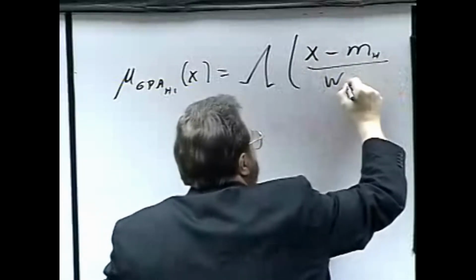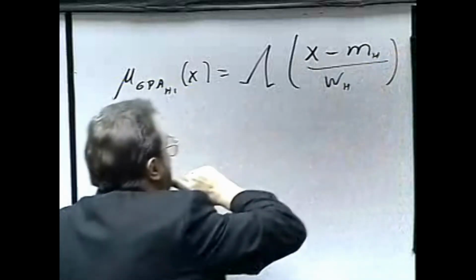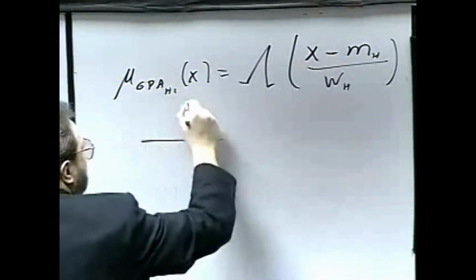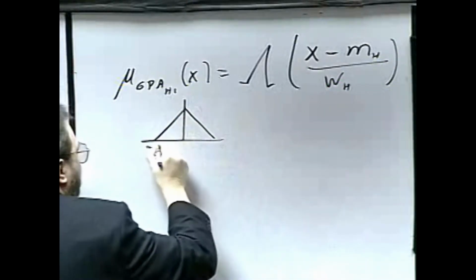We can write mu of GPA high as a function of x as equal to what I'll refer to as a triangle function of x minus its median for high divided by its width for high, where the triangle function unscaled looks like this.